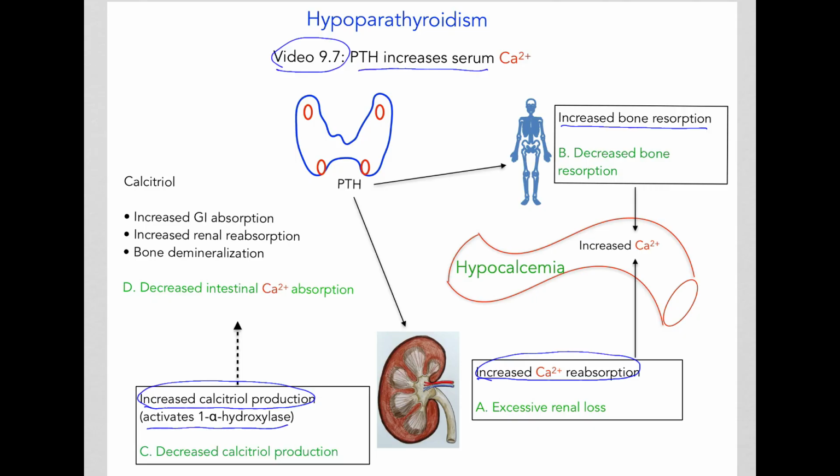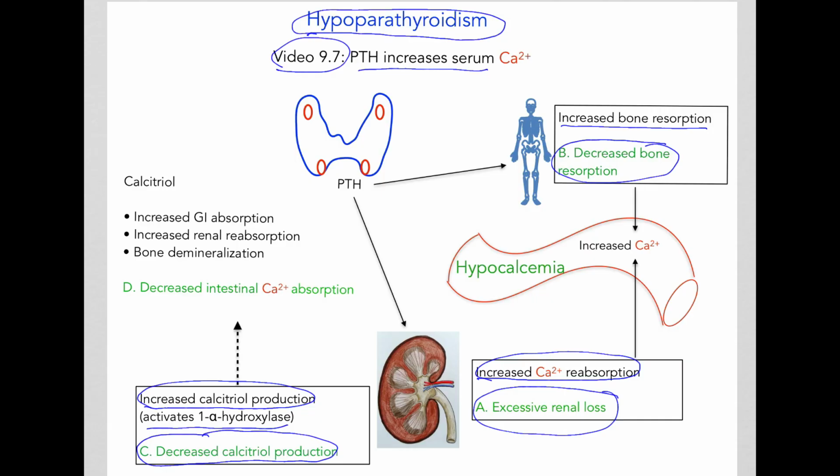So clearly, if there is decreased PTH, what we call hypoparathyroidism, then we are going to get excessive loss of calcium from the kidneys. We're going to get decreased bone resorption, and there's going to be decreased calcitriol production in the kidneys.